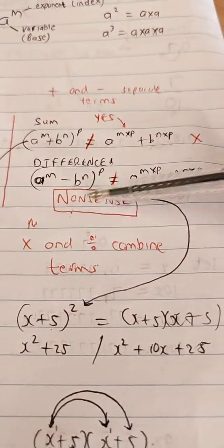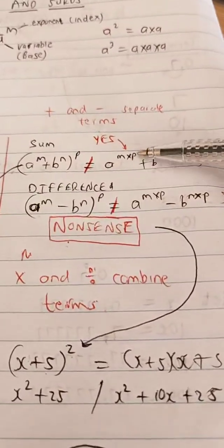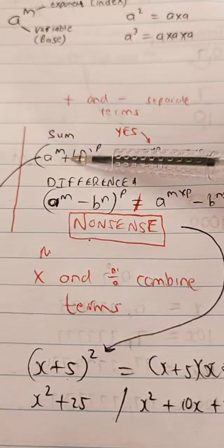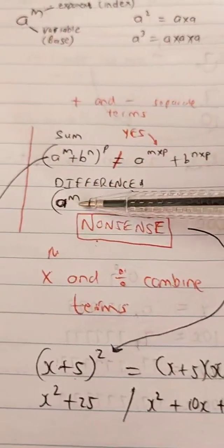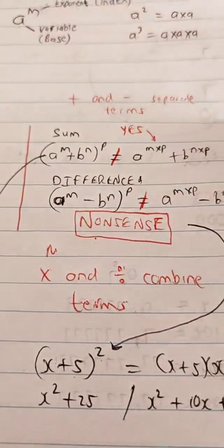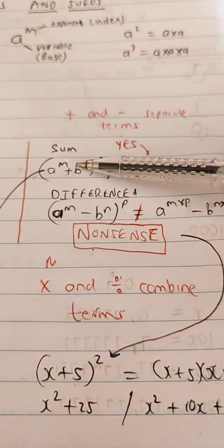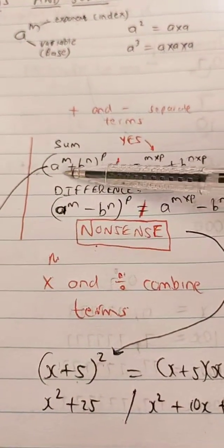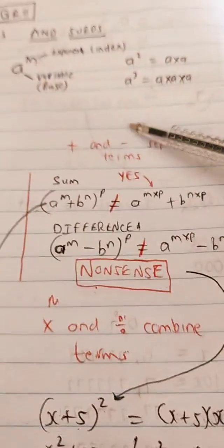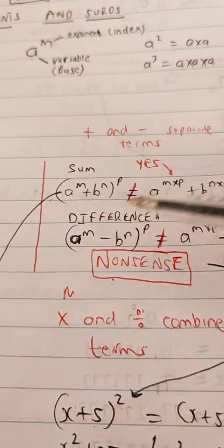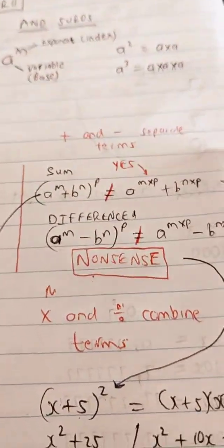It is absolute nonsense to say we can multiply the exponents where there's addition or subtraction between the bases. We don't do that because these are separate terms. Plus and minus separate the terms, so you cannot apply the exponent there.